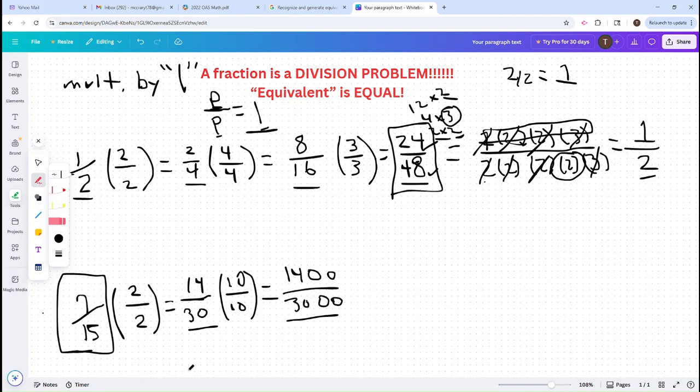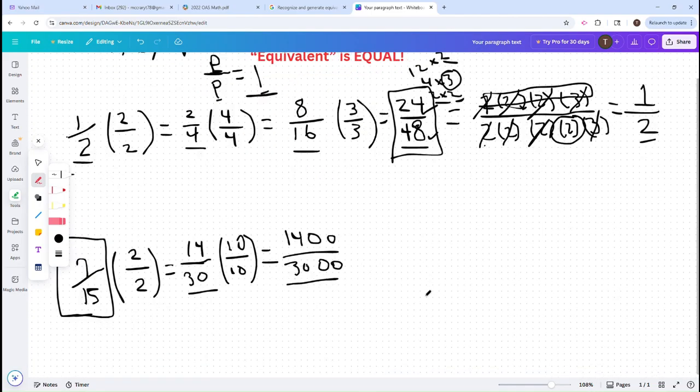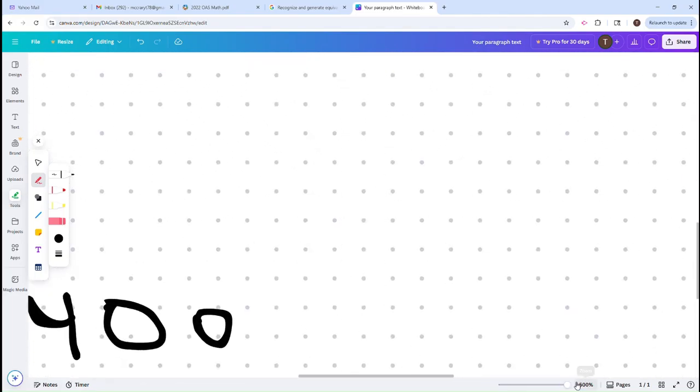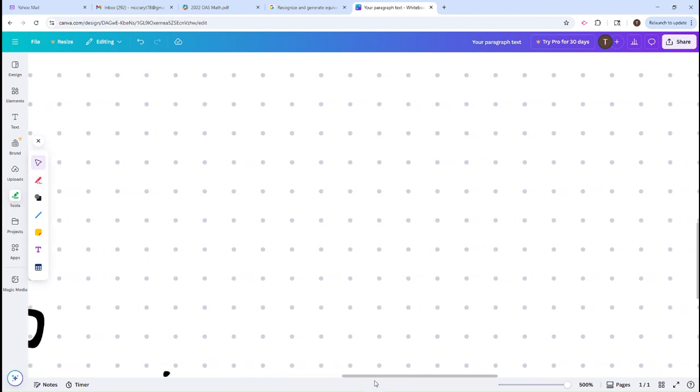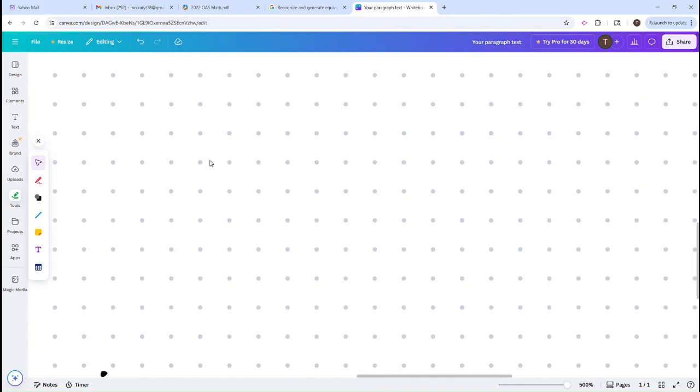So, that being the case, how can we determine if two fractions are equivalent? Well, let's zoom in here. Let's see how we can determine if two fractions are equivalent.